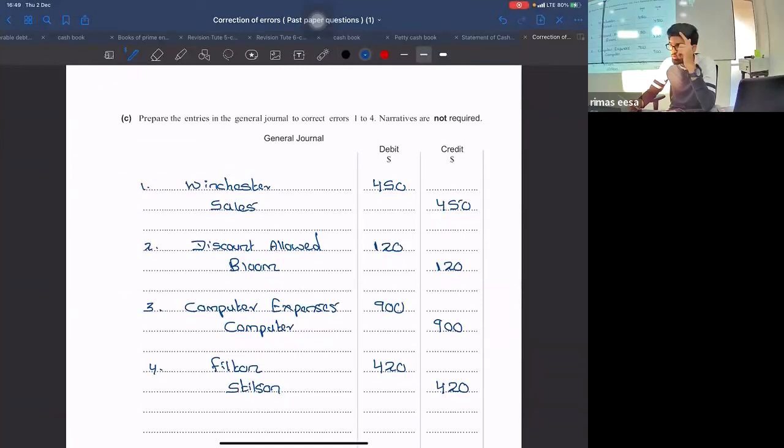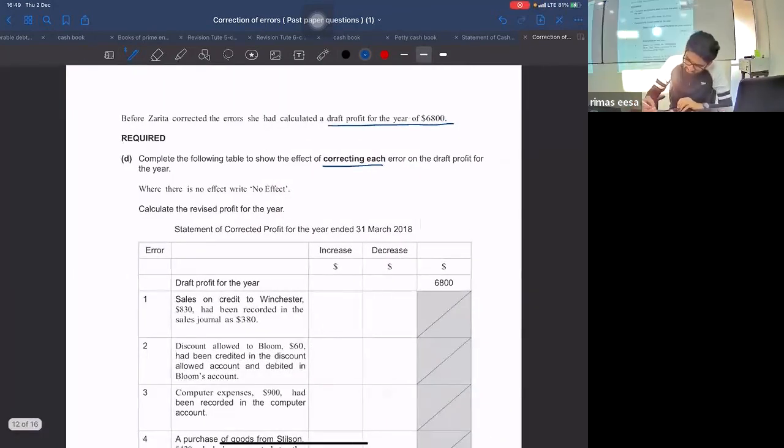No. Do you find sales in your income statement? Yes. What are you doing to the sales account? When you credit, what will happen to profit? Increase. Simple, right? Because you're crediting the sales account, when you credit, your sales will increase. So which means go and enter 450 in the increase column.